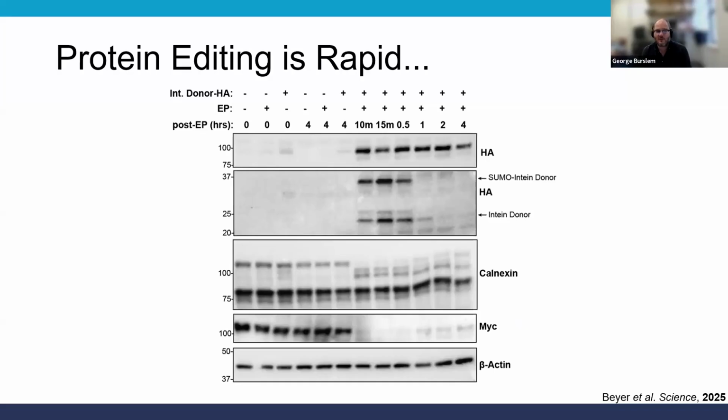You can see that new immunoreactive HA band at about 100 kilodaltons. You see the donor being delivered and then being degraded because it's an intrinsically unstable protein, and you can see almost complete loss of MYC and a complete drop in the molecular weight of calnexin. And so we think that we're getting very efficient editing of calnexin in mammalian cells in very short order.